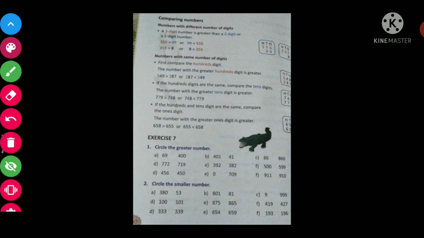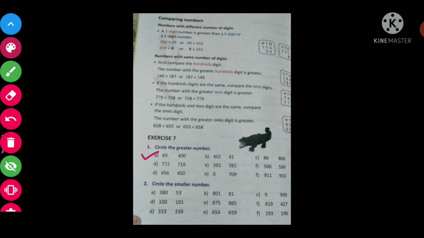Now students, see exercise 7, first question. Circle the greater number. Here we have to identify which number is the greater one. See the first one. We'll apply the first rule. We'll see the digits. As you can see, 69 has 2 digits and 400 has 3 digits.